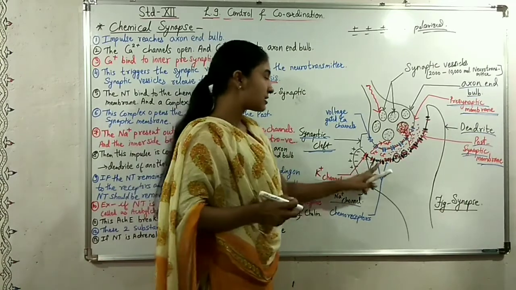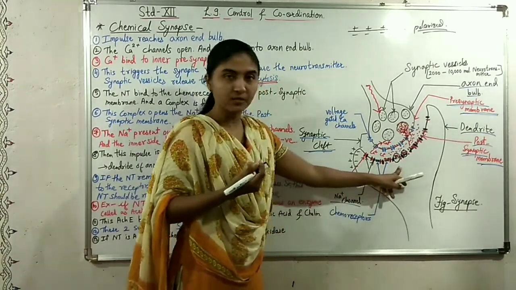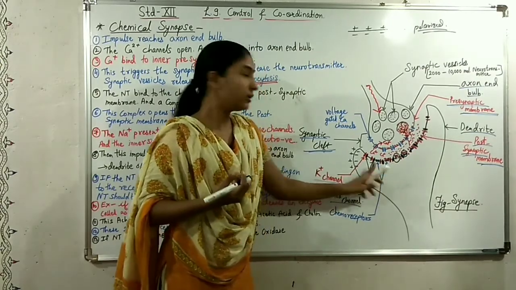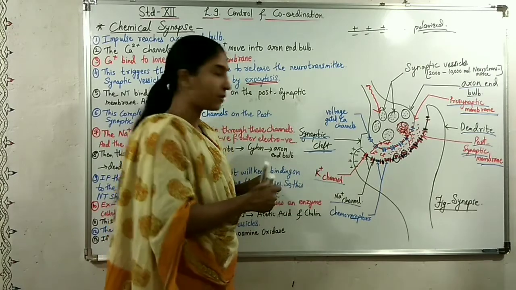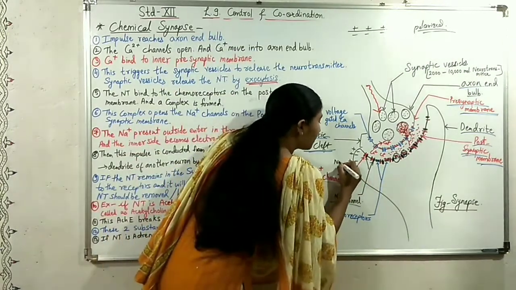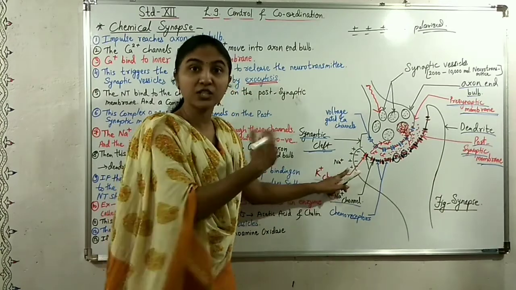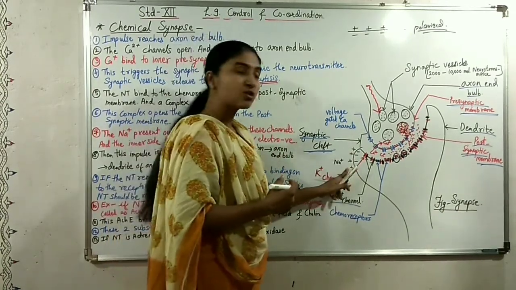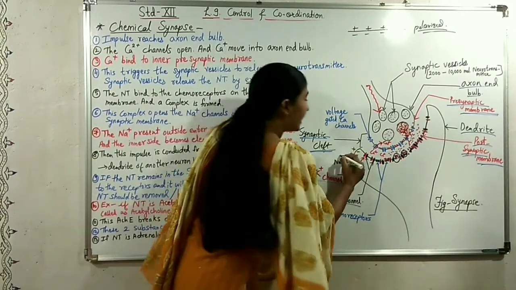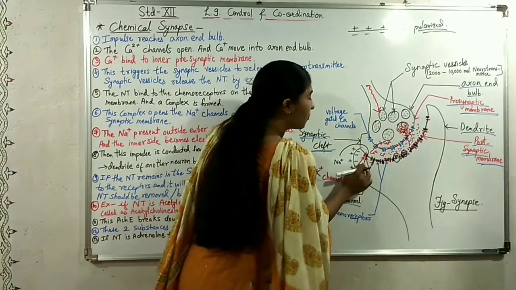Now as these sodium channels open because of this complex, the sodium ions present outside the membrane, which give the positive charge on the outer side of the membrane, enter inside as the channels open.